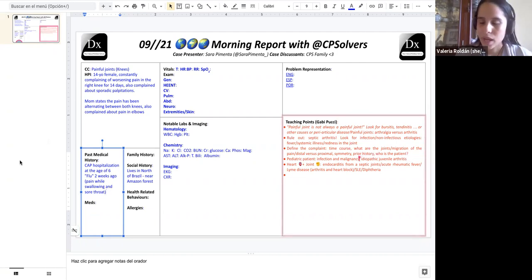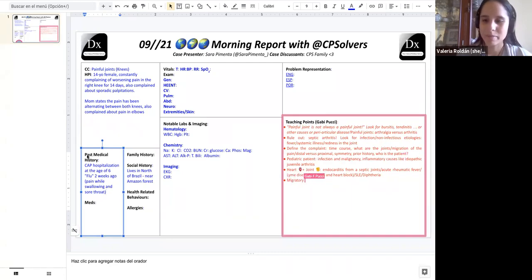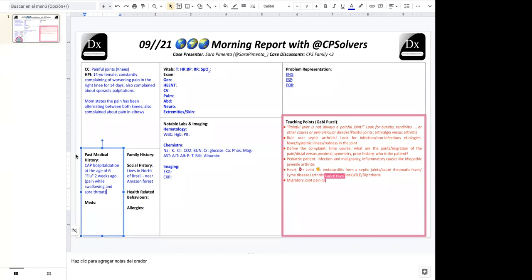So, I see AMK sharing her thoughts in the chat. And Marie, maybe you could share with everyone, what are you thinking for migratory joint pain? Yeah, just thinking about how the characteristic of the joint pain can help with the differential. When I hear something is migratory, going to different joints, some of the things I think about are, of course, rheumatic fever, but also gonorrhea.